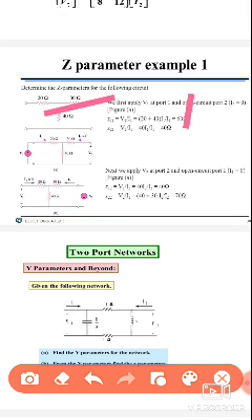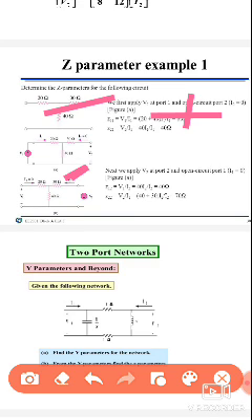The problem consists of 20 ohm, 30 ohm and 40 ohm impedances. First, we apply V1 at port 1 and open circuit port 2. With port 2 open circuited, only the input circuit carries current.